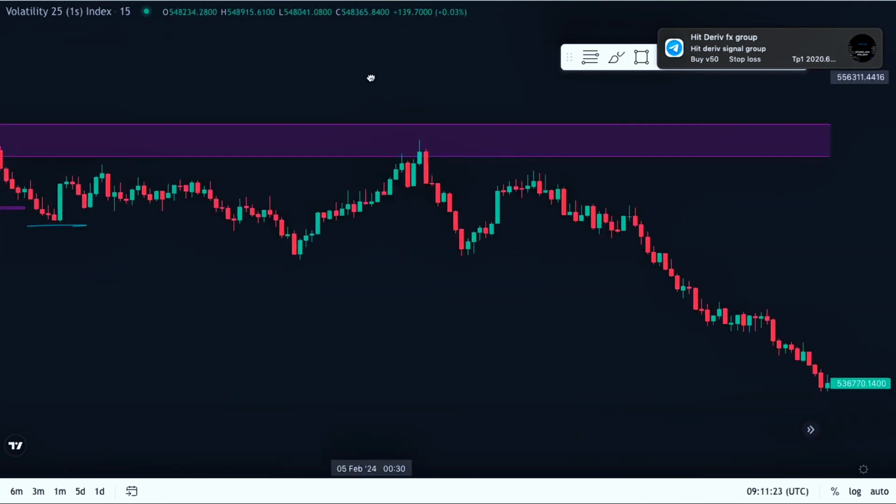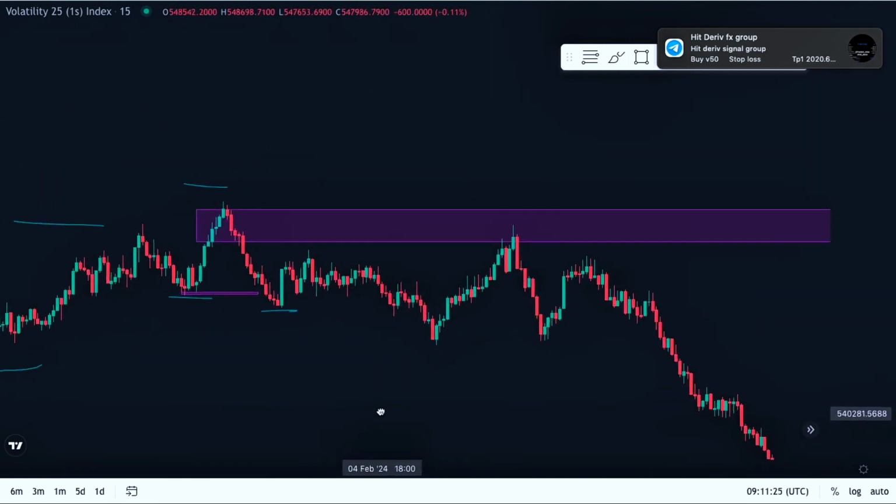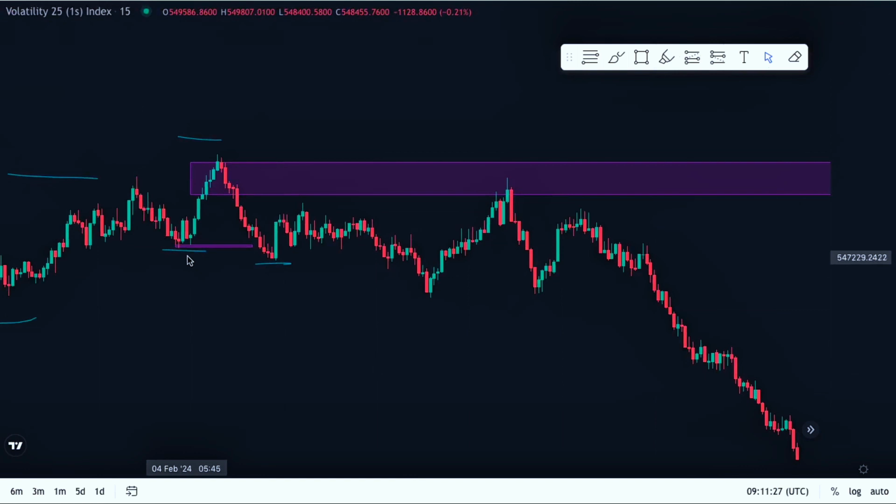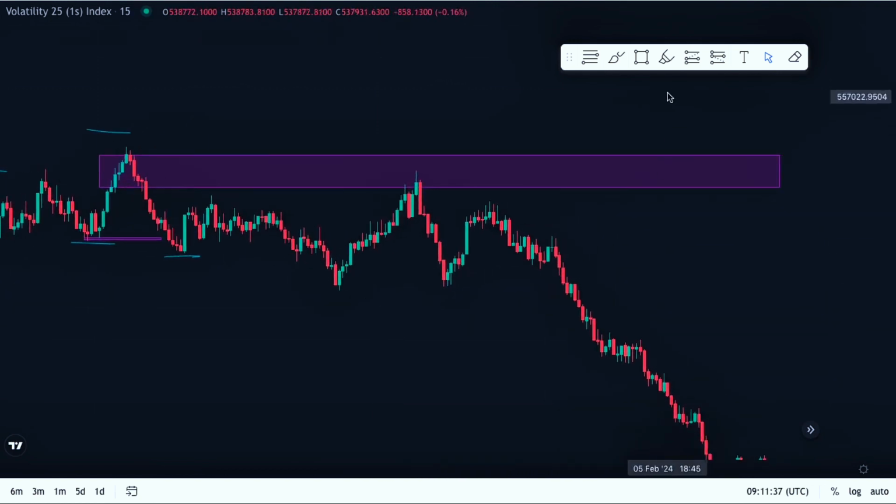Okay, here we are. Such a beautiful trade. This was our change in character, and then we are waiting for price to come back to this order block that was created here. As I have always said, we need to have our entry at the midpoint of an order block.